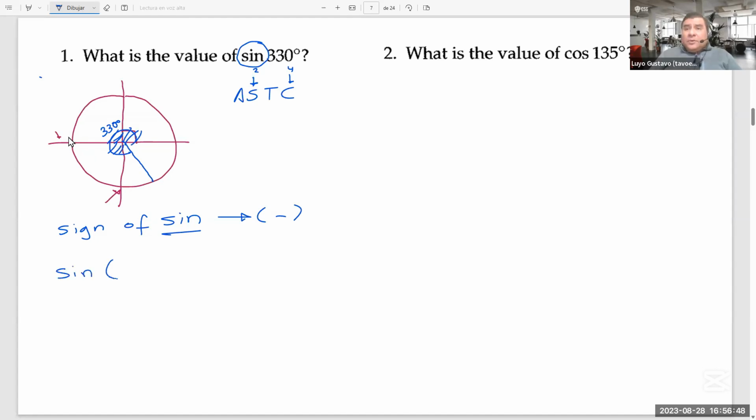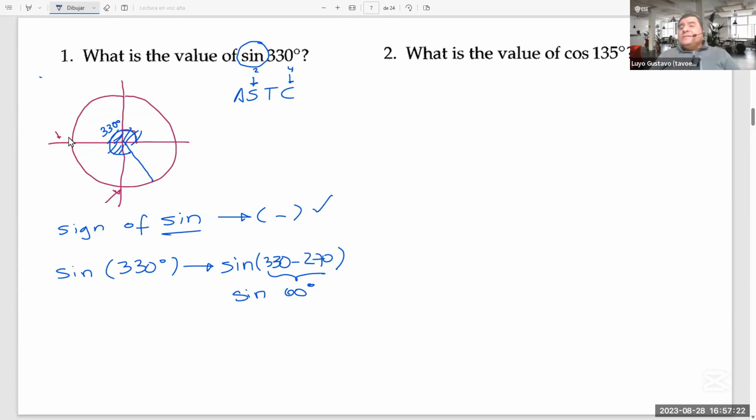The sine of 330 degrees becomes the sine of 330 minus 270, which is a multiple of 90, and this will yield simply 60. So all I have to do now is to calculate the sine of 60 degrees and then place the negative sign here.